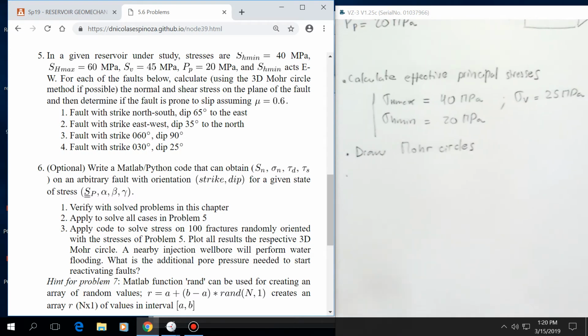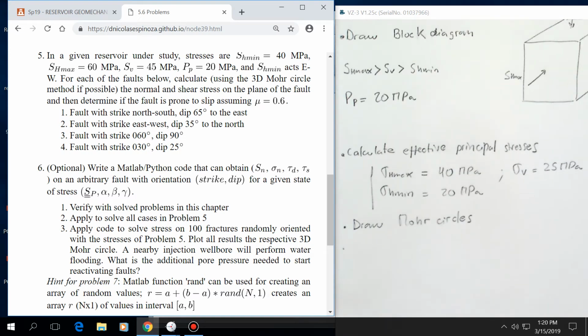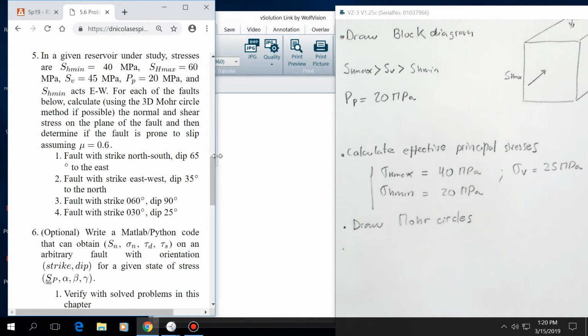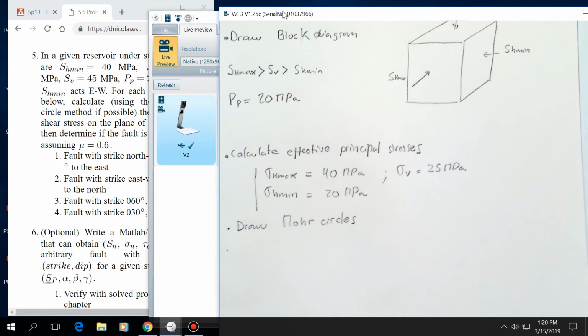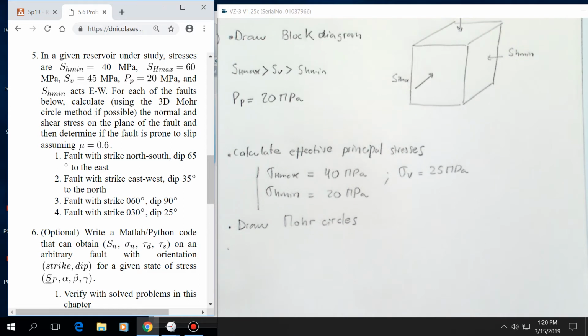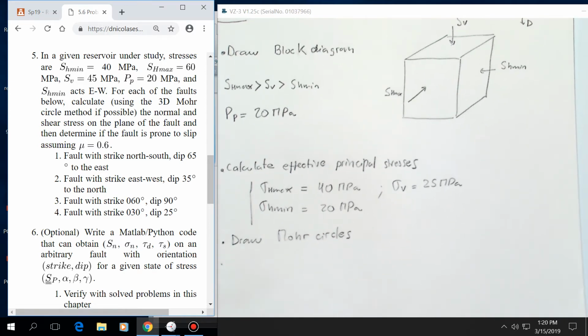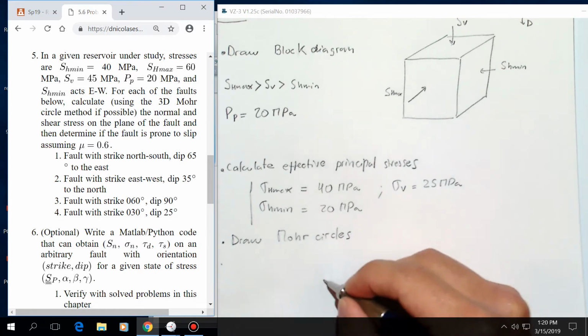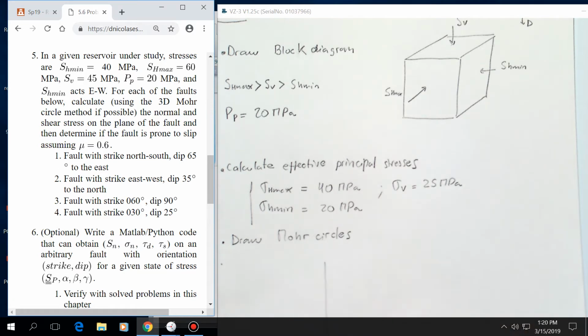So I hope you are all up to this point done, and now you have to draw the Mohr circle. In the exam, if possible, I'll try to give you a paper with grid lines, so that helps you draw more circles if needed.